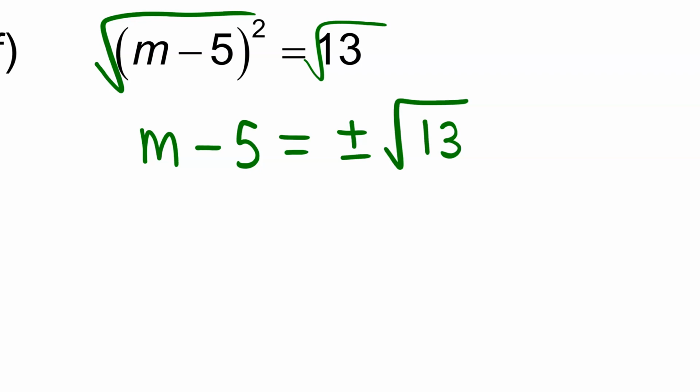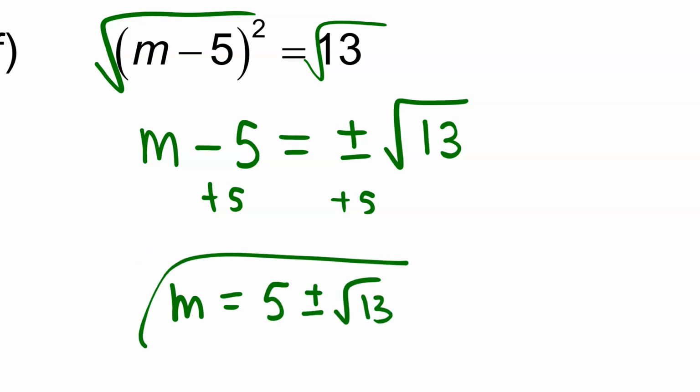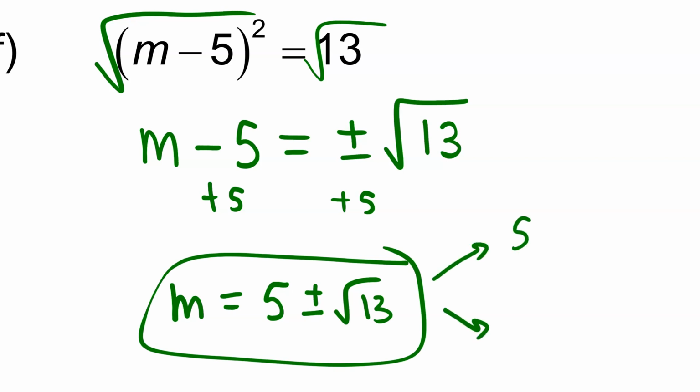So to solve for m, I add 5 on both sides. The solution is m equals 5 plus or minus root 13, because this takes into account both of my solutions. I'll have 5 plus root 13, and I'll have 5 minus root 13. Secretly, both of these options are in 5 plus or minus root 13.